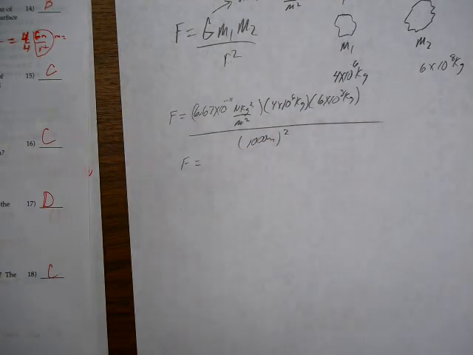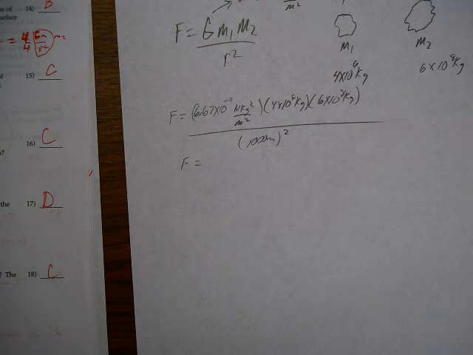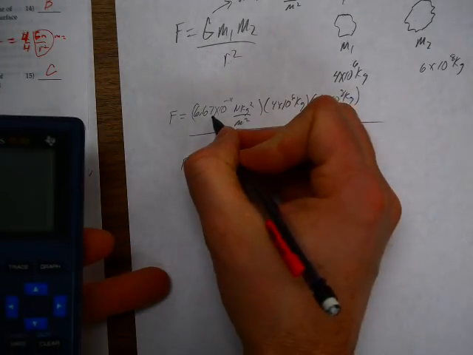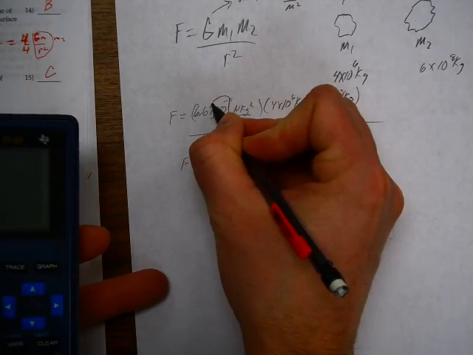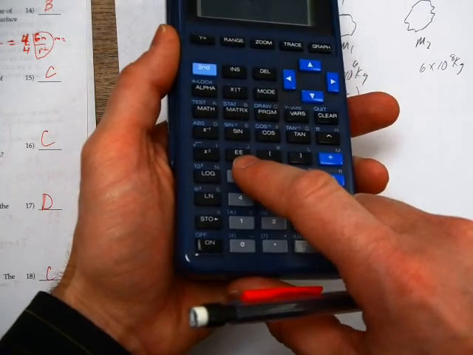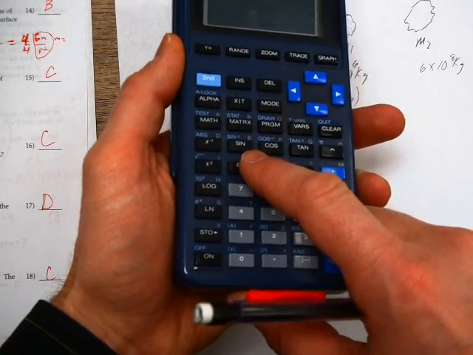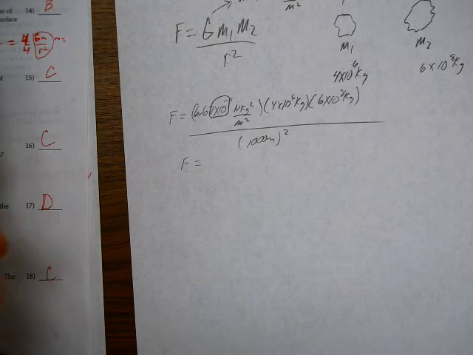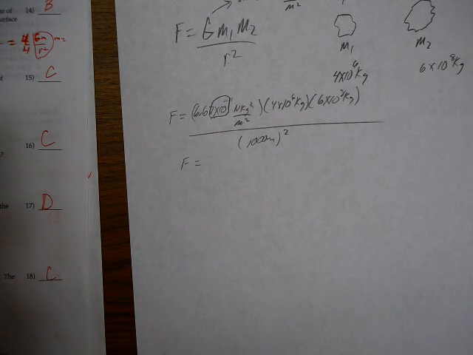So plugging everything in, seeing what we get. Now remember, when you plug in times 10 on most calculators, you can just hit the EE button here, and that means times 10. If you haven't figured that out, it saves you a keystroke or two.